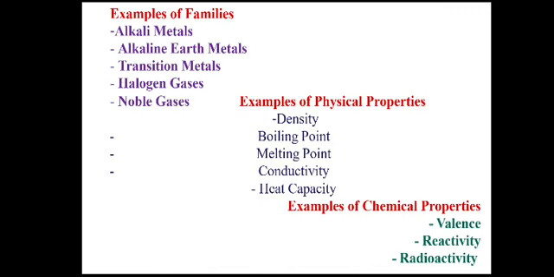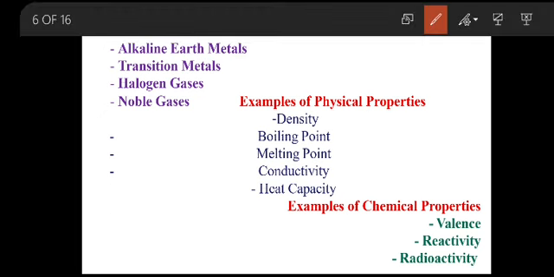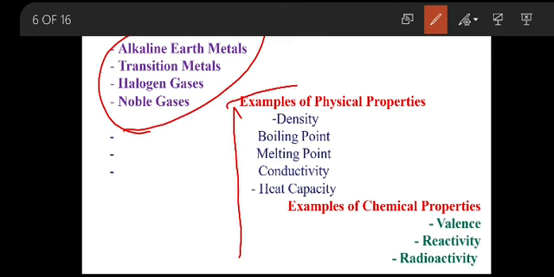So these are the groups or the families present in your periodic table, and the criteria by which the elements are grouped are with respect to physical and chemical properties like density, boiling point, conductivity, reactivity, radioactivity.